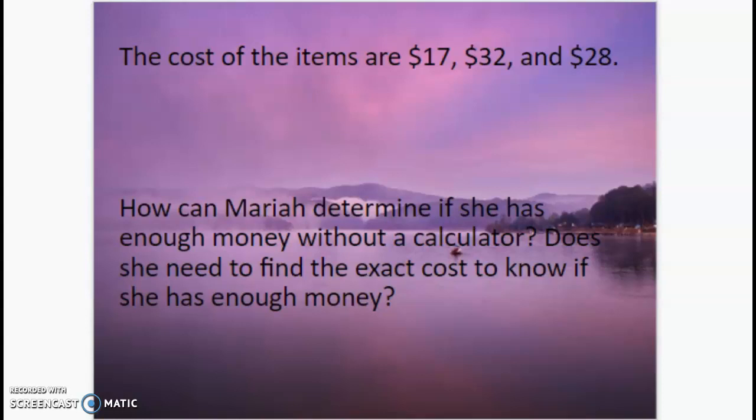So she could do it by using one of those methods. Does she need to find an exact cost to know if she has enough money? If we're using estimation and rounding, then we're not getting an exact cost. So she doesn't need to know. She can get a roundabout answer and determine whether or not she has enough money. So let's figure out how we can do that.